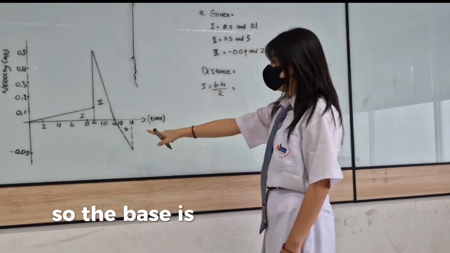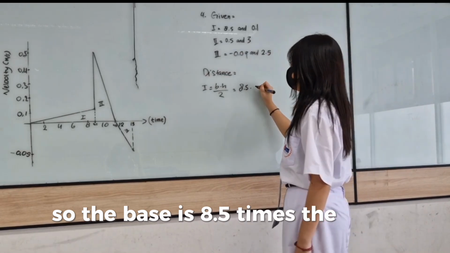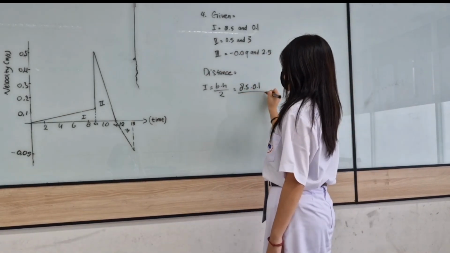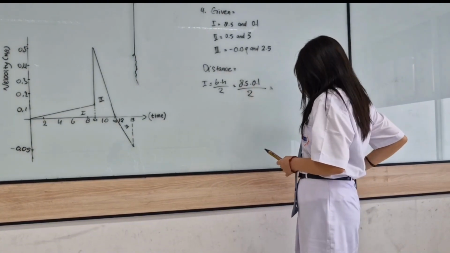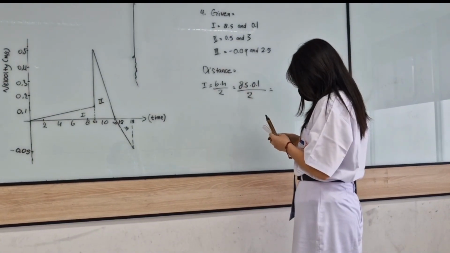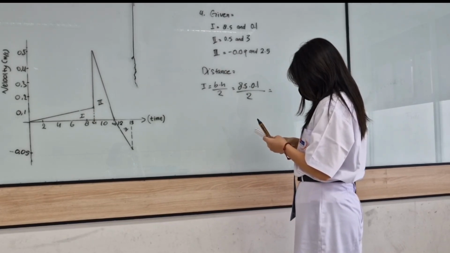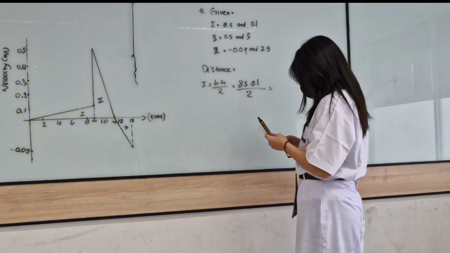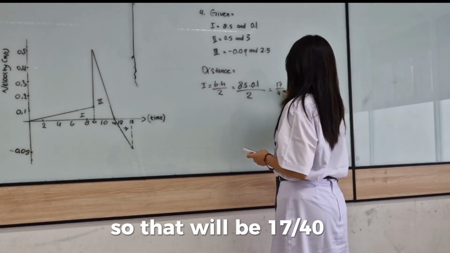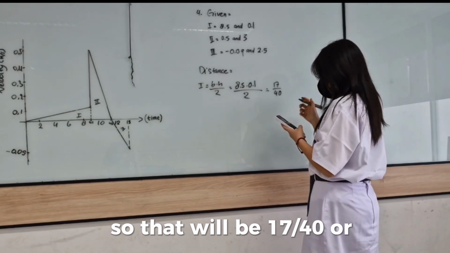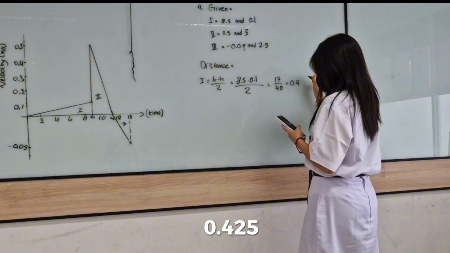So the base is 8.5 times the height 0.1 divided by 2. The answer will be 17 per 40 or 0.425.